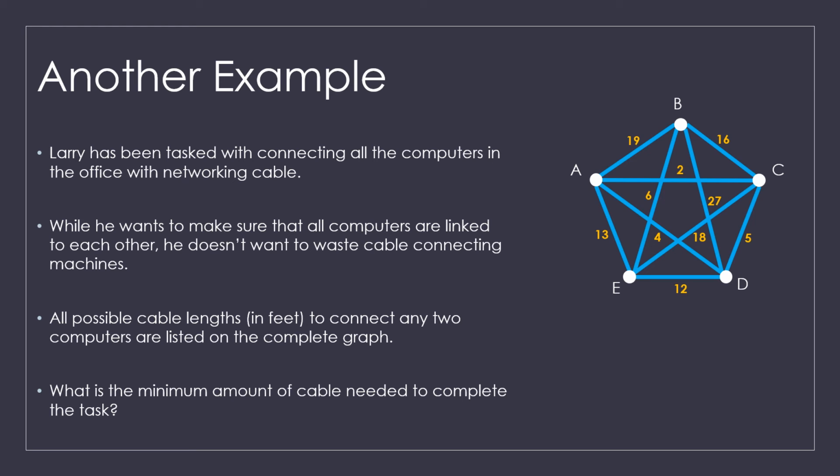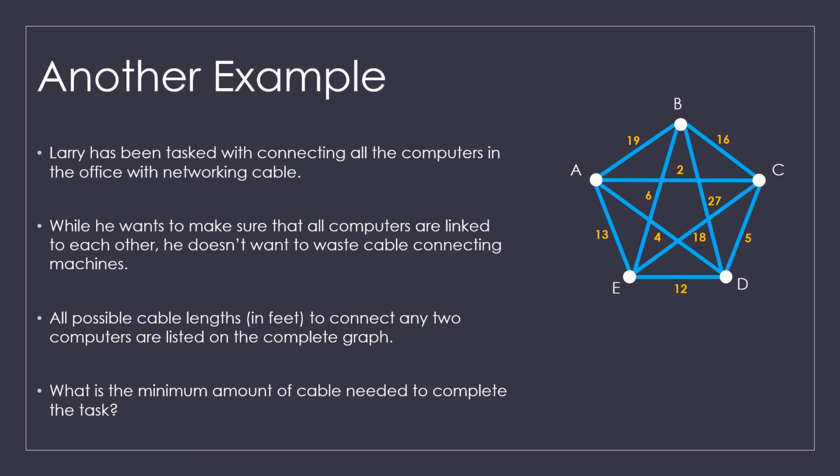Another example would be laying power cables, where, again, I don't want to repeat sections if I can connect to it from somewhere else, or water lines or sewage lines or anything like that. Often this is something we'll talk about in infrastructure.